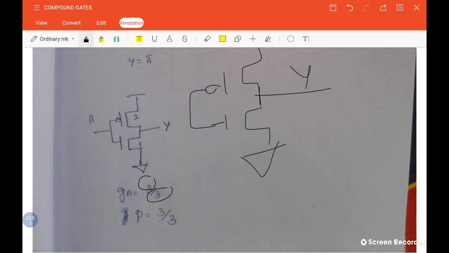Here the gate itself is an inverter, so the input capacitance depends on the sizes mentioned. For the standard NMOS with width 1 and PMOS with width 2, the input capacitance is 2 of PMOS plus 1 of NMOS, so it is 3.